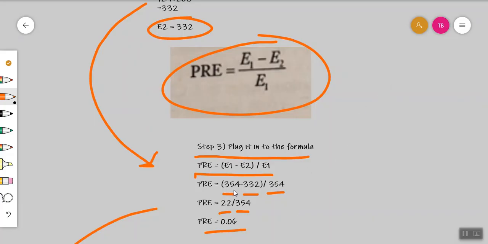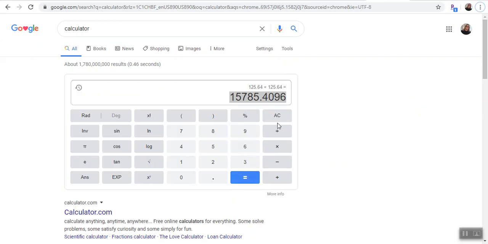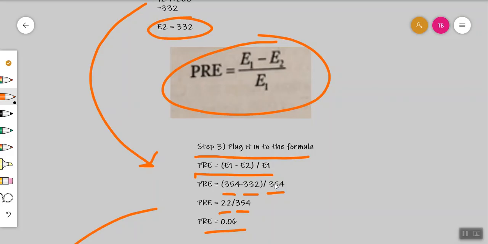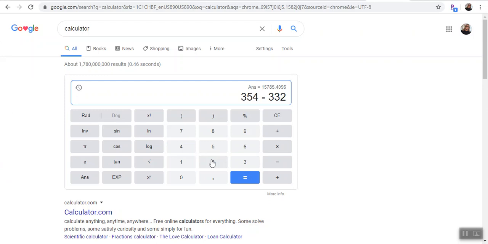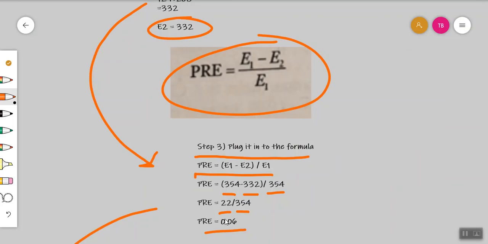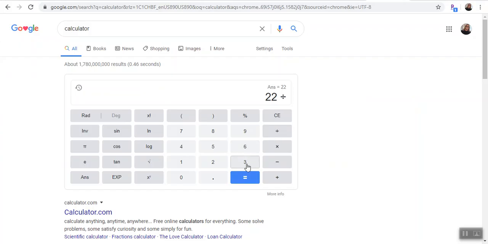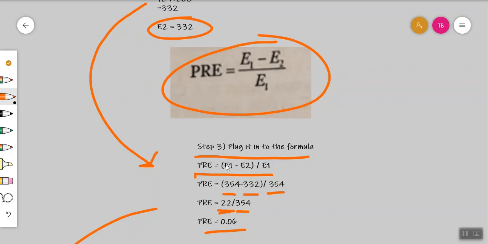So 354 minus 332 equals 22. That's where 22 came from. And you divide by 354, because that's error 1. Divided by 354 equals 0.062. For these, you're going to round to the second decimal as before. So 0.06 is your PRE number right here.